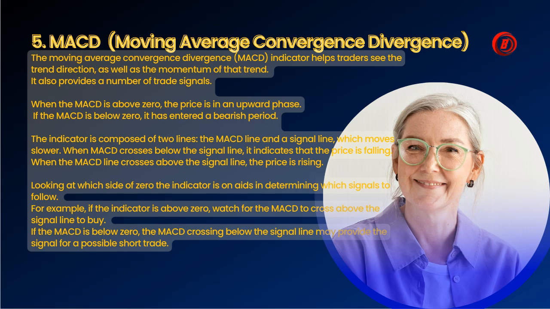5. MACD. The Moving Average Convergence Divergence (MACD) indicator helps traders see the trend direction, as well as the momentum of that trend. It also provides a number of trade signals. When the MACD is above 0, the price is in an upward phase.